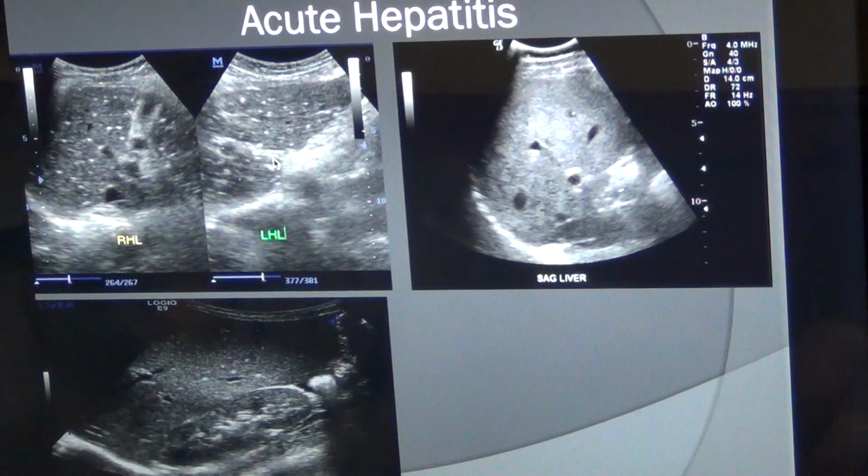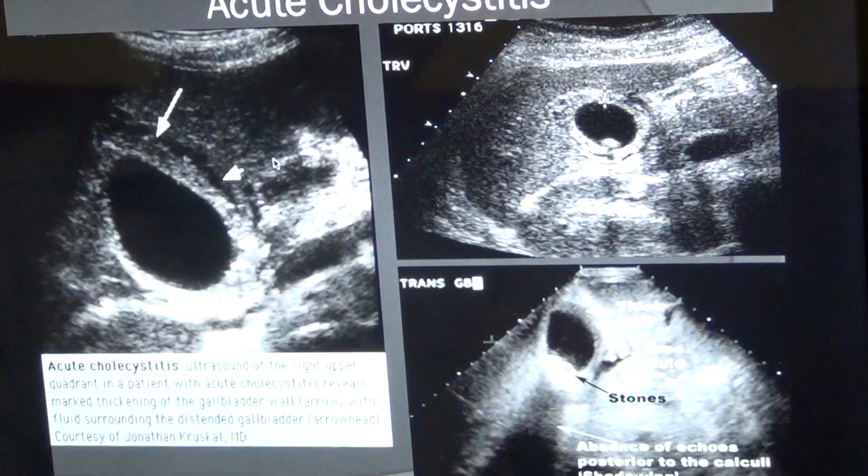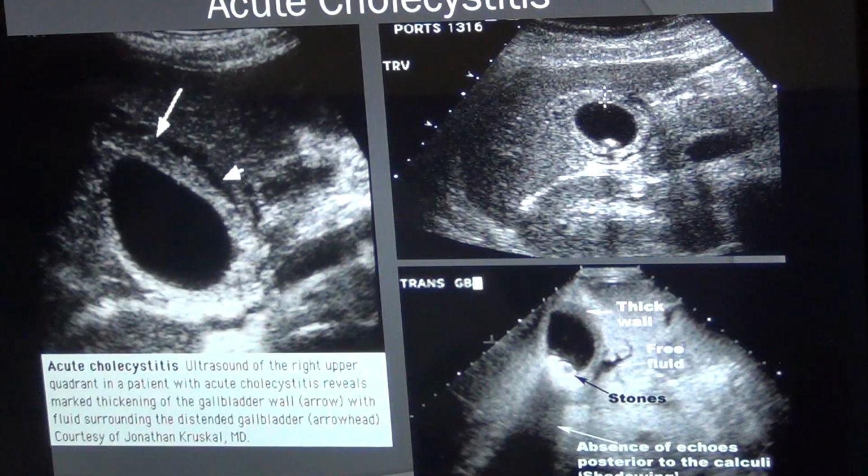Okay, now let's go to the next one. Acute cholecystitis. What is acute cholecystitis? Acute cholecystitis means infection of the gallbladder walls, and in 95% to 98% of cases the acute infection of the gallbladder is due to stones.